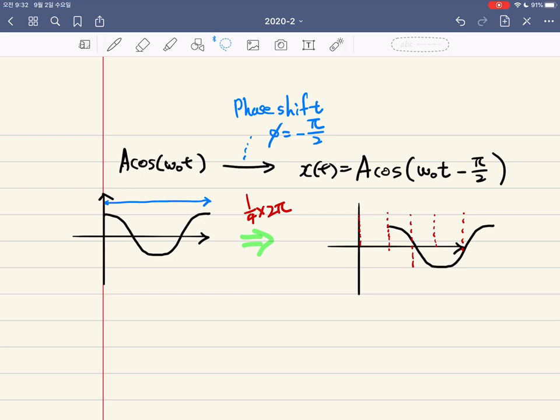Please think of the direction. Why do I have to go to the right side, not to the left side? Okay. You can figure that out.